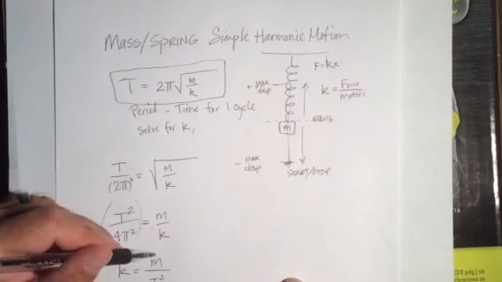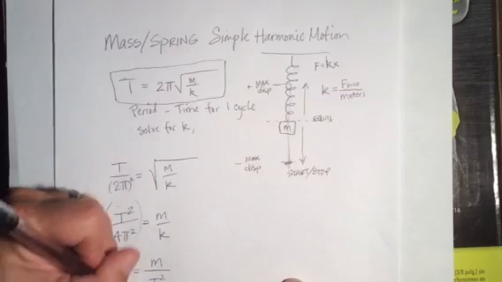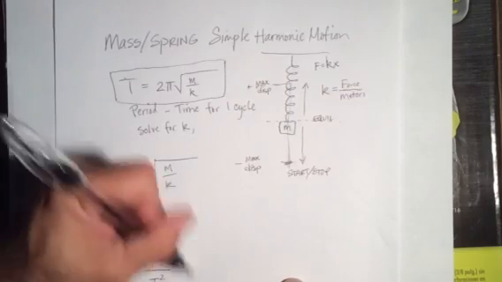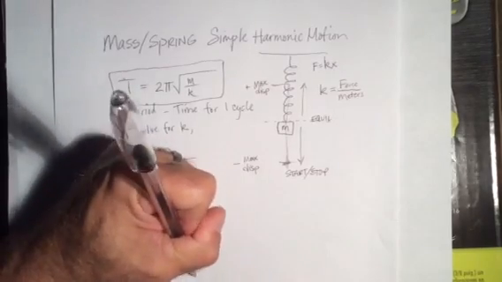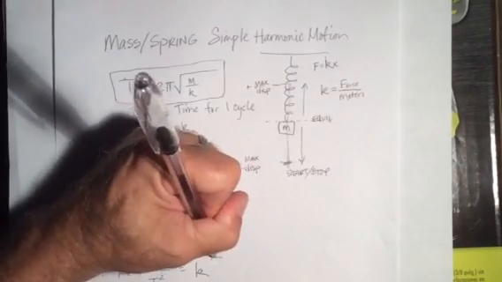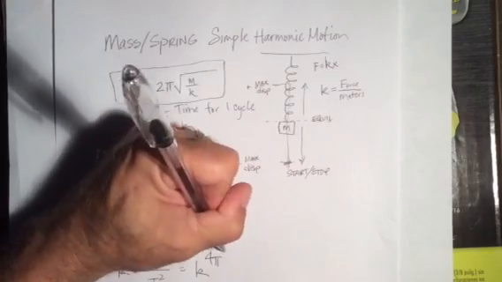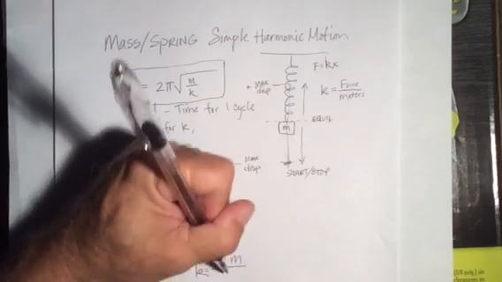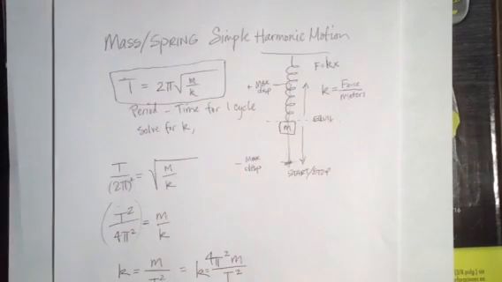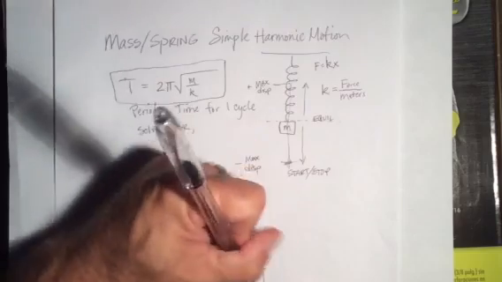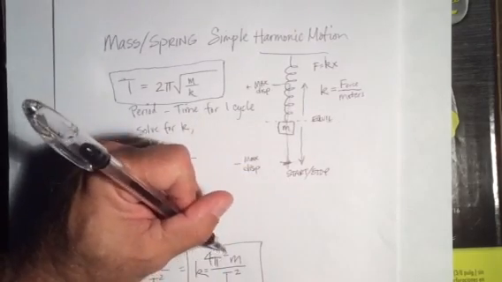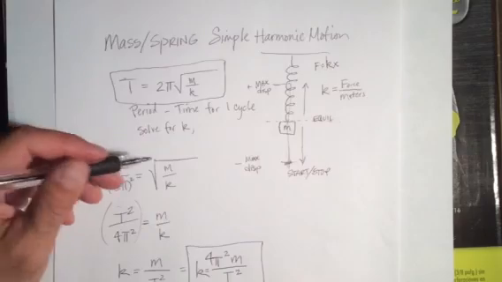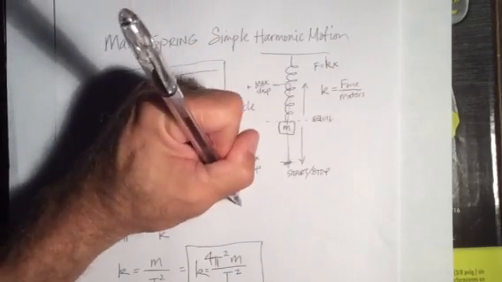Now we have a denominator which is a fraction, so we pull the denominator of the denominator to the top, so this really becomes K is equal to 4 pi squared M over T squared. Okay, so here K, your spring constant, is 4 pi squared times the mass divided by the period squared. What if we wanted to solve for M though?